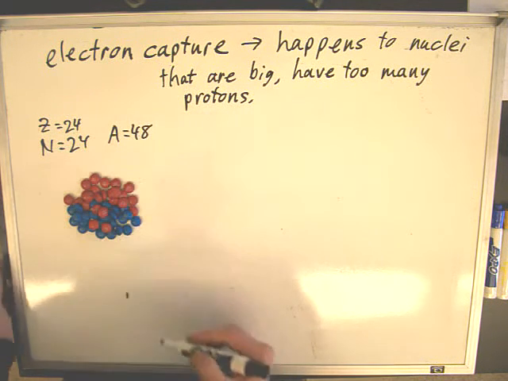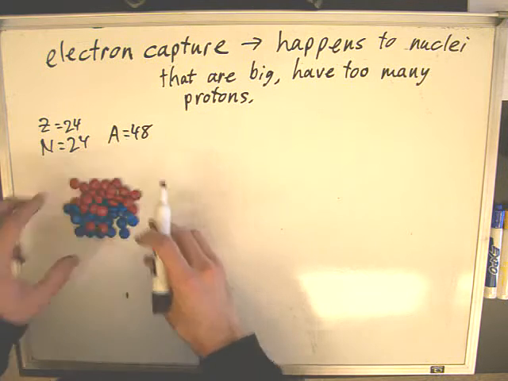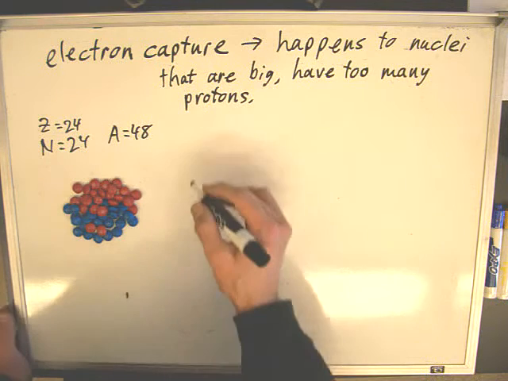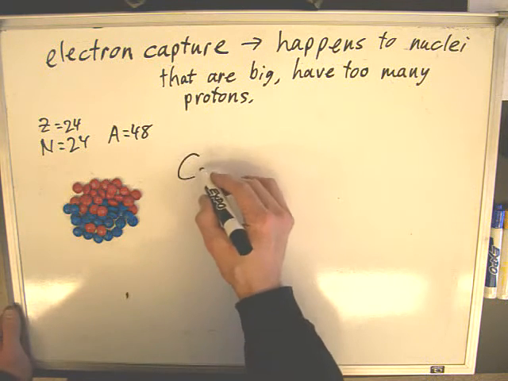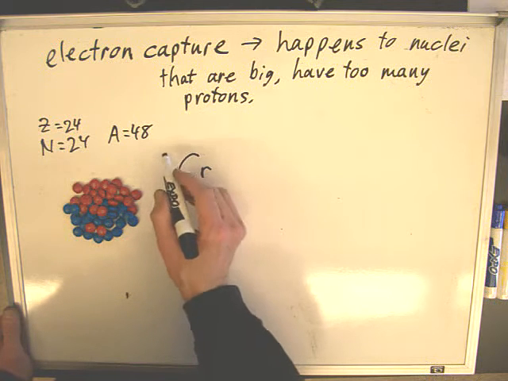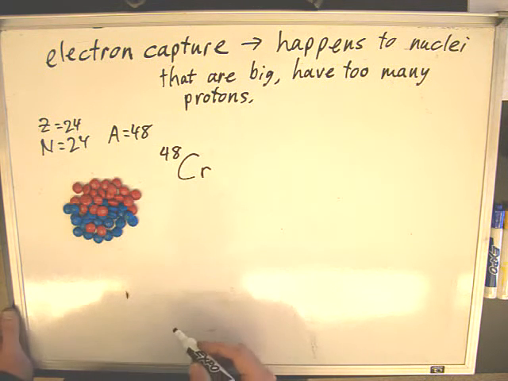So there are 48 protons and neutrons here. So this is a reasonably big nucleus. And if I look on the periodic table, I find that the symbol for this atomic number 24 is chromium, Cr, and I write 48Cr for that isotope.